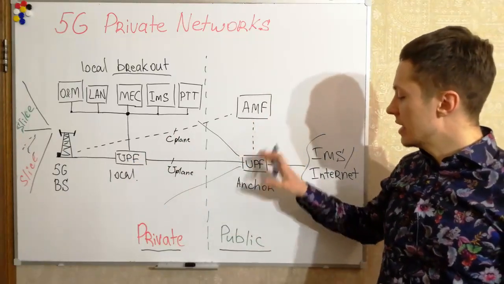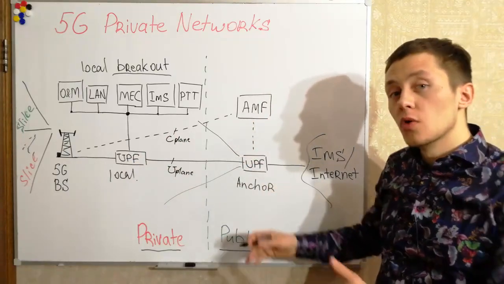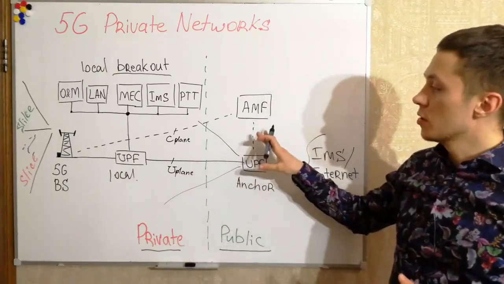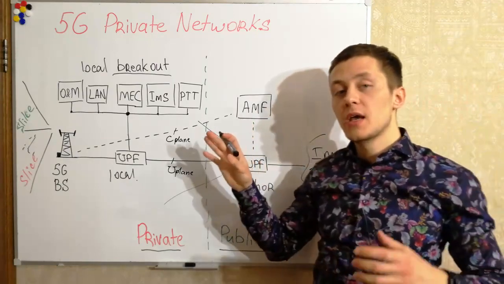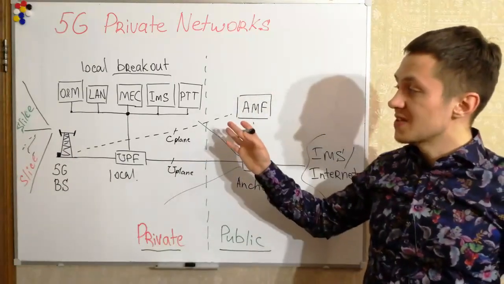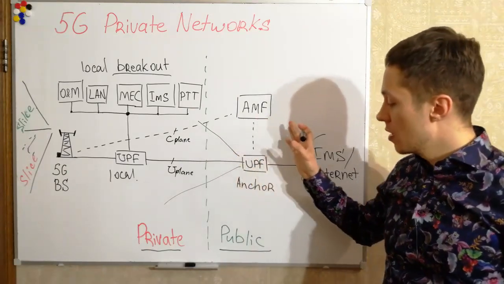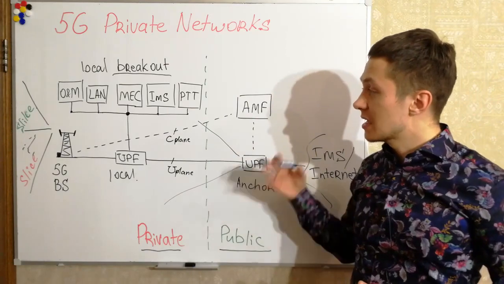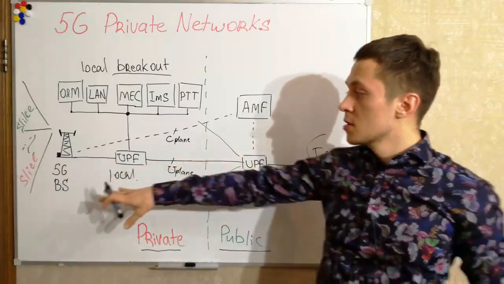But the control plane is on the mobile operator side, let's say so. So what does it mean? It means that authentication and mobility functions, for example, are on the public side, and slice selection as well.